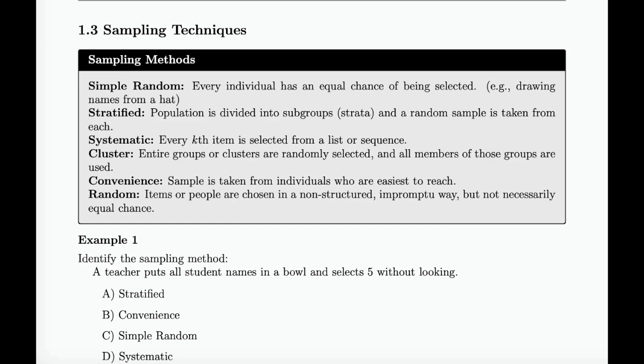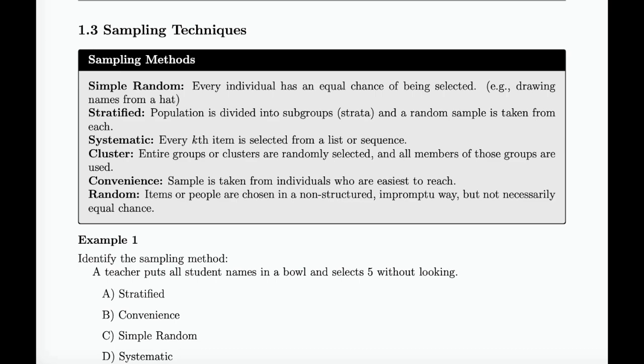Even though this is a quick and easy way to sample, it can lead to bias because you might not get a good representative sample. So, for example, if you want to do a study on eating healthy, but you're standing outside of a health food store and you're picking people as they come in and out to ask questions and survey them to collect data, that's going to lead to bias because you're not getting a good representative sample of a population of people.